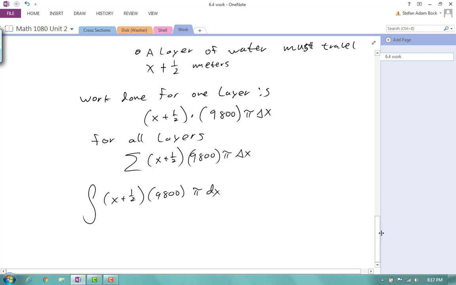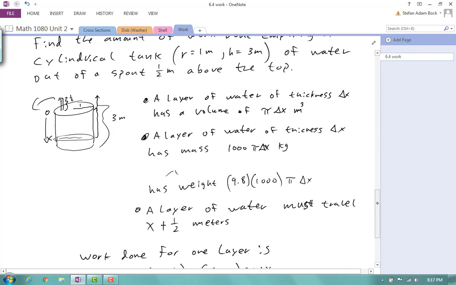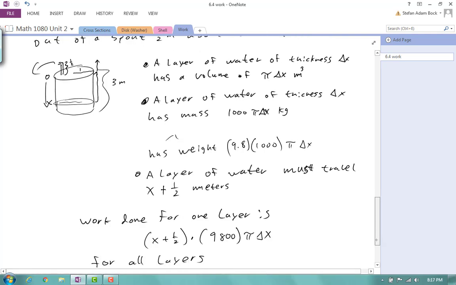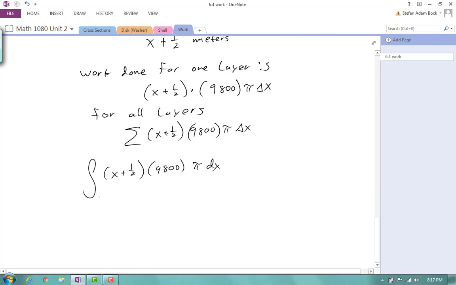But what are my bounds? Where do my layers of water exist? My layers of water exist when x is equal to 0 all the way down to when x is equal to 3. So I'm going to have bounds here for each layer of water from 0 to 3. And I perform this integral and I'll get the total amount of work done.